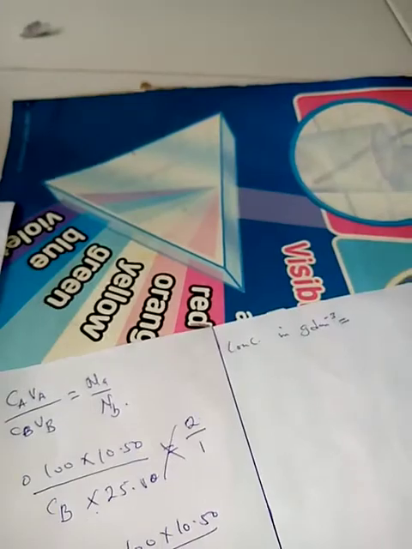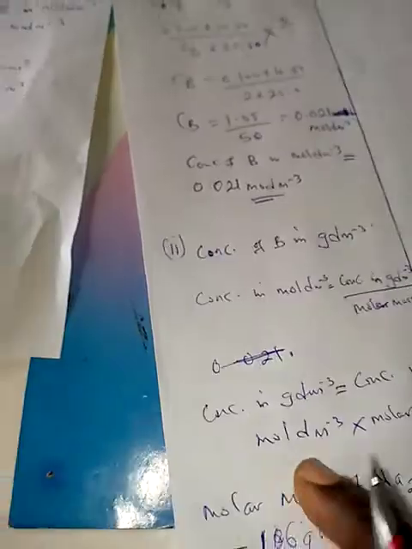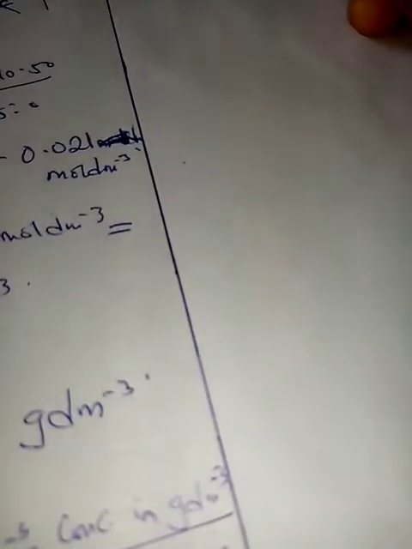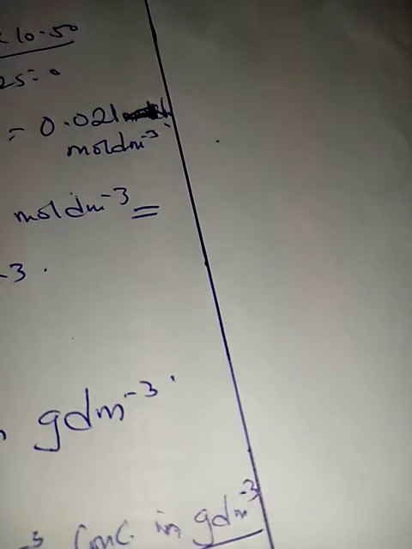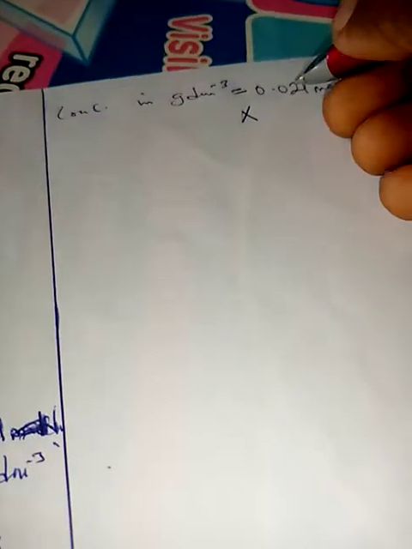So let's do this now. Therefore, concentration in gram per dm cube is equal to the molar mass times the concentration in mole per dm cube. So by using this formula, the concentration in mole per dm cube, which we calculated to be 0.021 mole per dm cube, times the molar mass, that is 106 gram per what?